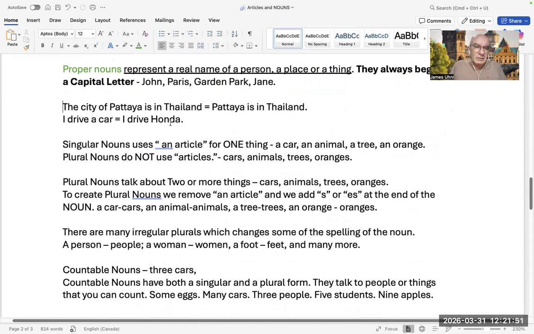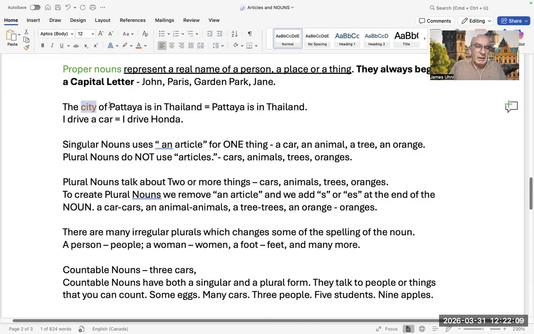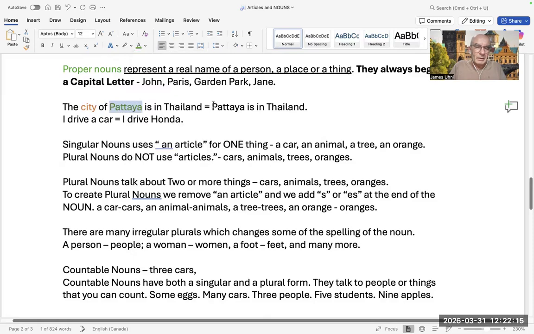So this is the distinction between them. In the city of Pattaya, the city is common, Pattaya is a proper noun, and Thailand is also a proper noun. Now we have another sentence: Pattaya is in Thailand. So we have only proper nouns.